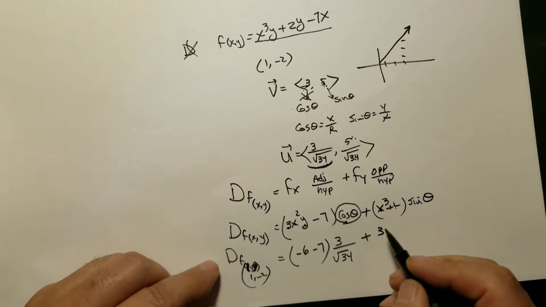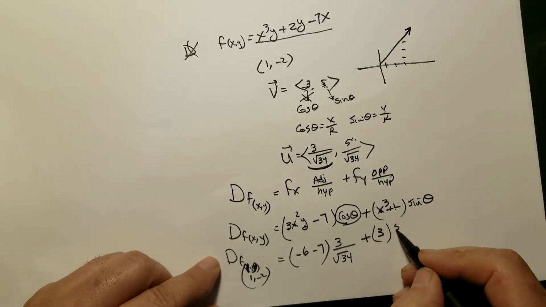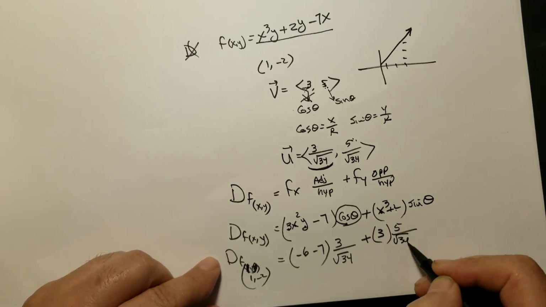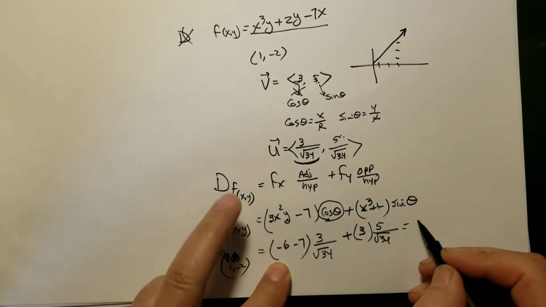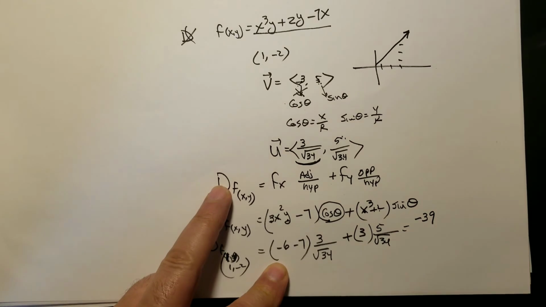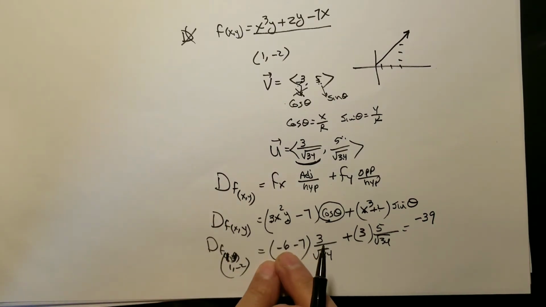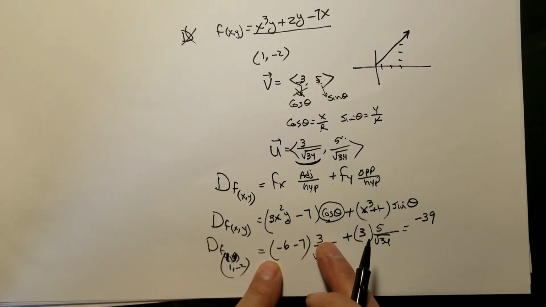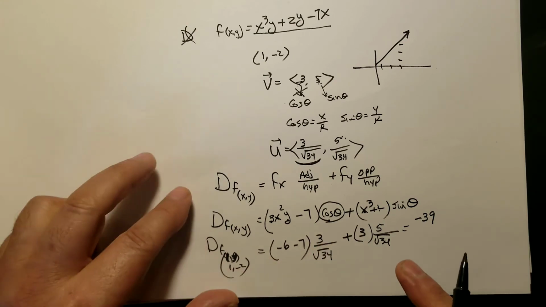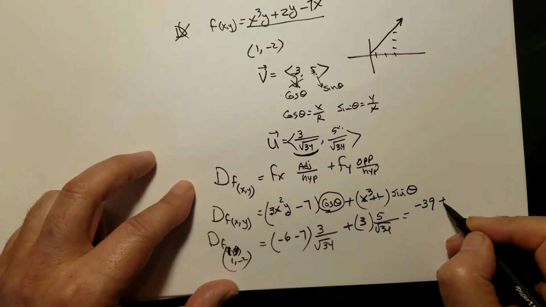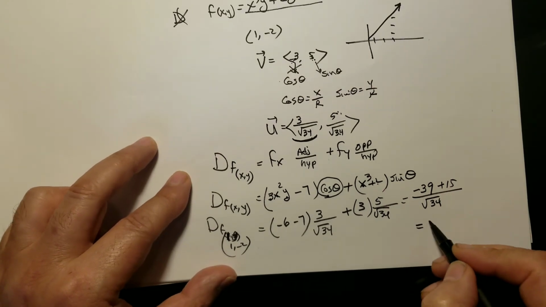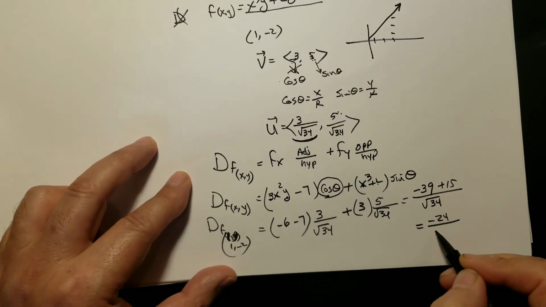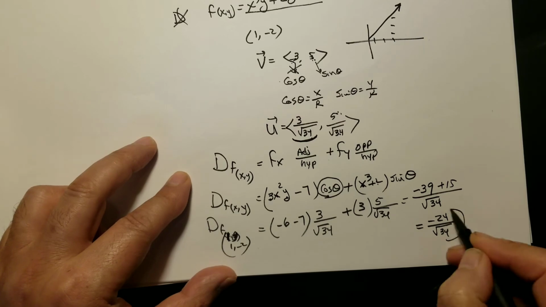Make sure I don't make any mistake. And the sine is 5 over the square root of 34. And this is nothing except negative 13, which is negative 39. I hope I did it right. Negative 13 times 3, negative 39. If I make a mistake, please correct it yourself. 5 times 3 is 15 over the square root of 34. And this is nothing except negative 24 over the square root of 34.